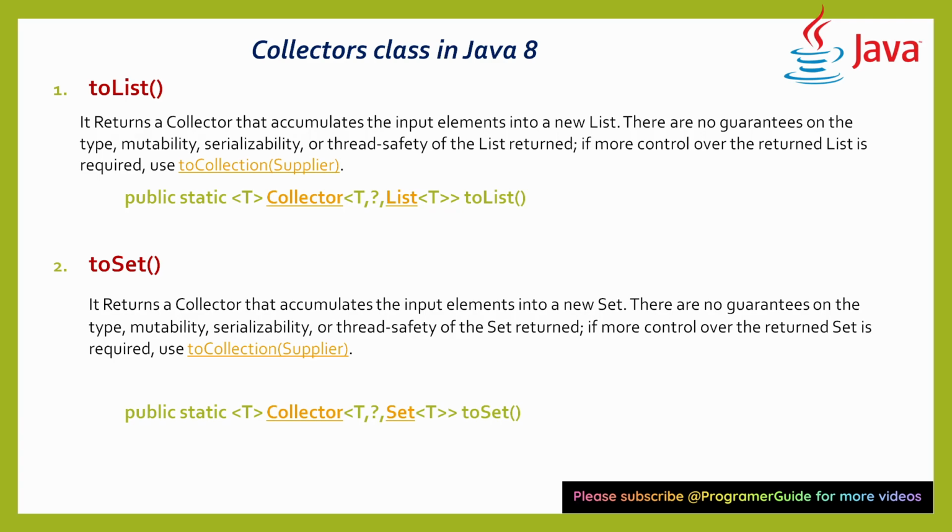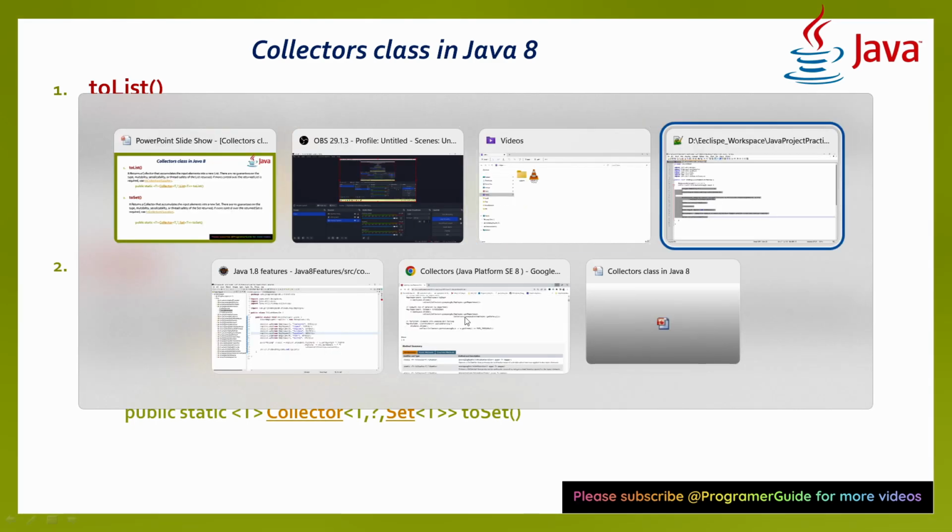There are no guarantees on the type, mutability, serializability or thread safety of the list returned. If more control over the returned list is required, we need to use toCollection, which is one of the methods in the Collectors class. So let's see the list example and how we have used it.